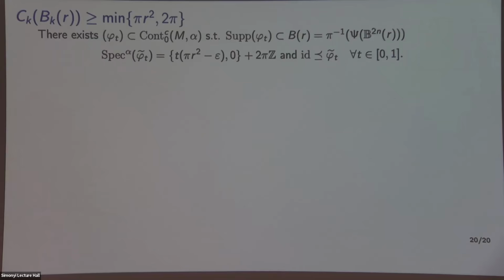So let's say in the symplectic setting, it's not hard to find, in a ball of radius r, a Hamiltonian function in this ball that is radial. What I mean by radial is that it depends only on the radius, so the norm of x.